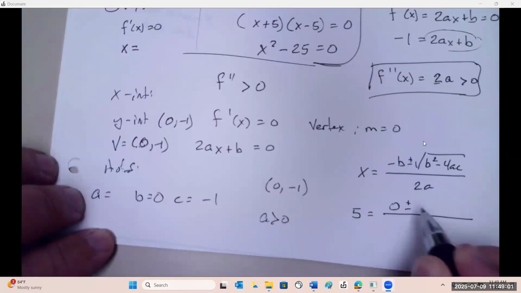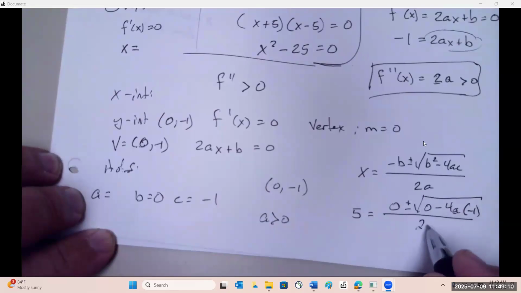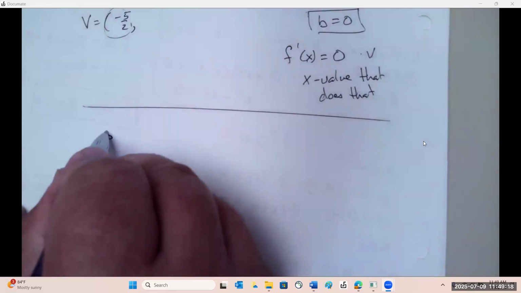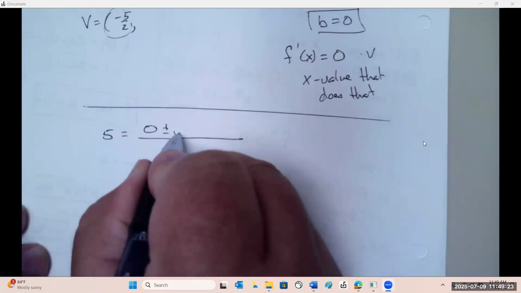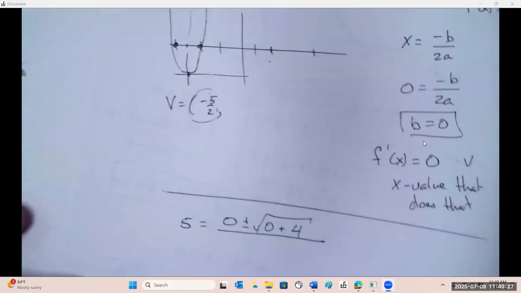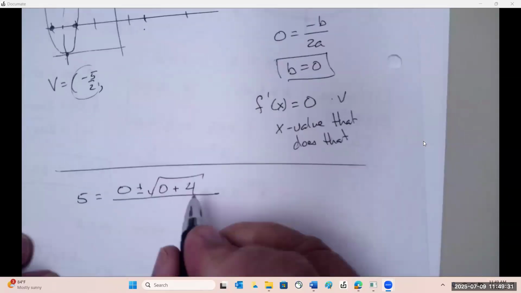That's 0. 0 minus 4a, c is -1, over 2a. So let's go with that.